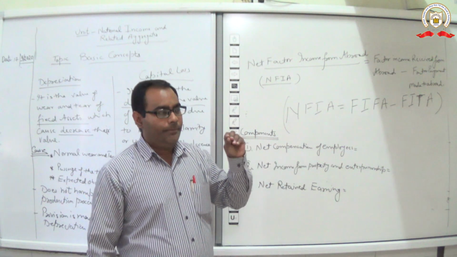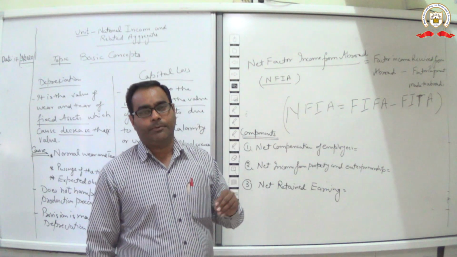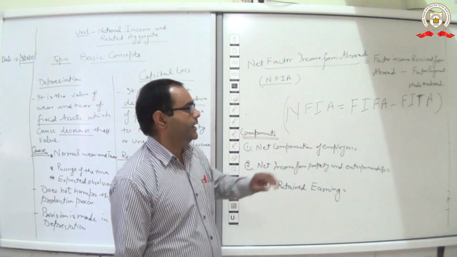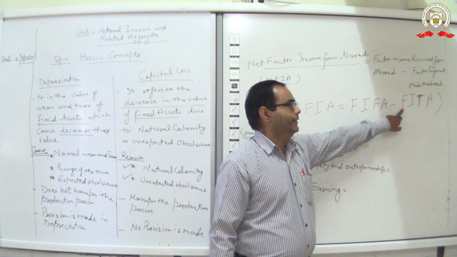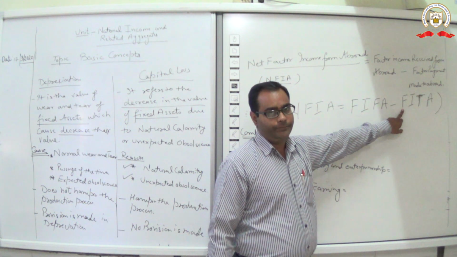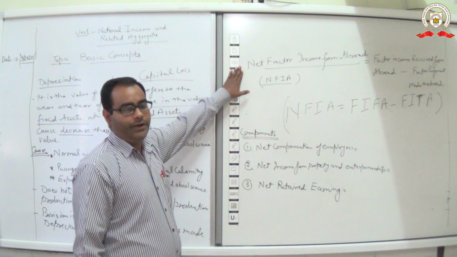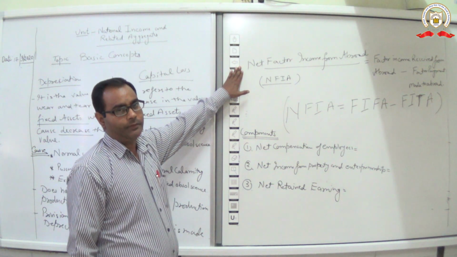Similarly, the amount of profit which is kept by non-Indian resident companies operating in India comes under the heading of factor income to abroad. So the entire terms come under the heading of net factor income from abroad.